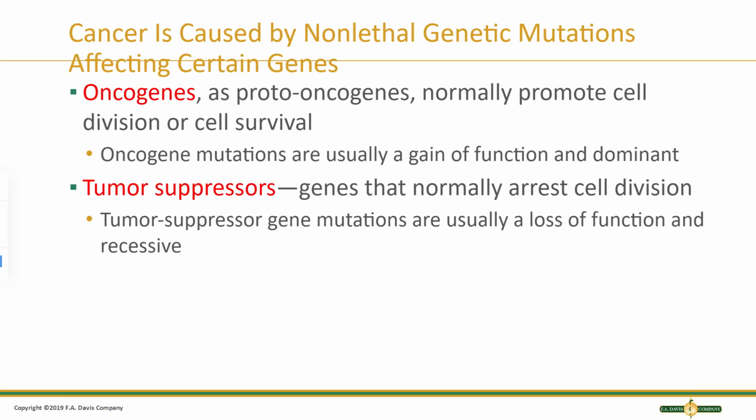So oncogenes, as proto-oncogenes, normally promote cell division or cell survival. Oncogene mutations are usually a gain of function and dominant. Tumor suppressors are genes that normally arrest cell division. Tumor suppressor gene mutations are usually a loss of function and are recessive.